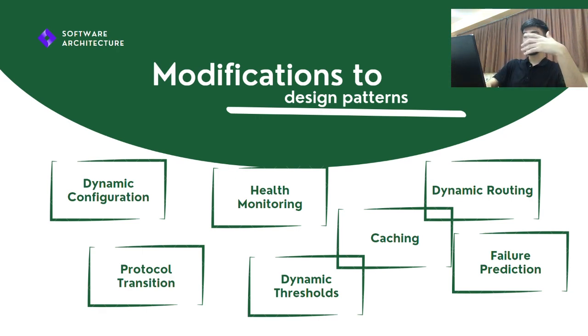What about health monitoring? It's like integrating health monitoring functionalities into the service registry, and it will enable continuous monitoring of service instances' health status. By periodically checking the availability and responsiveness of services, the registry can automatically update the service information and remove unhealthy instances, ensuring that clients only communicate with healthy services.